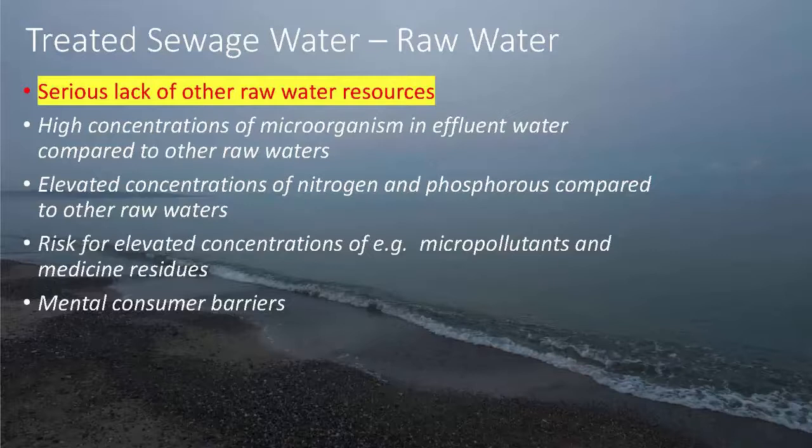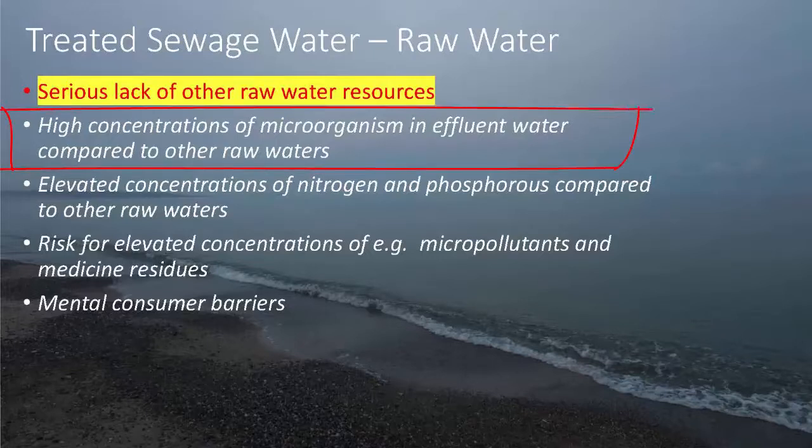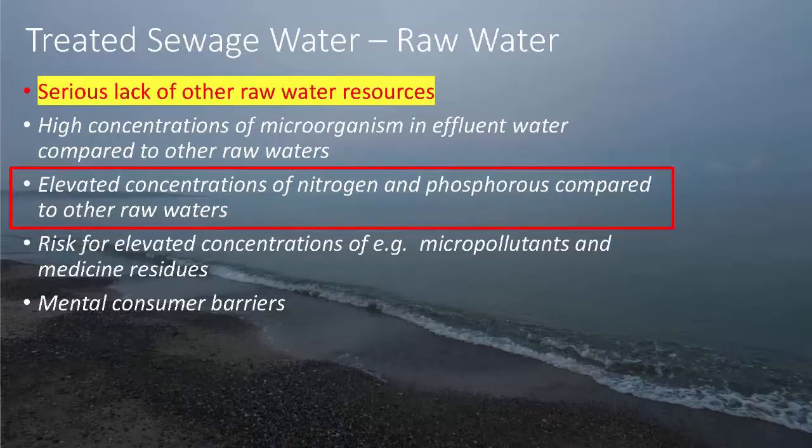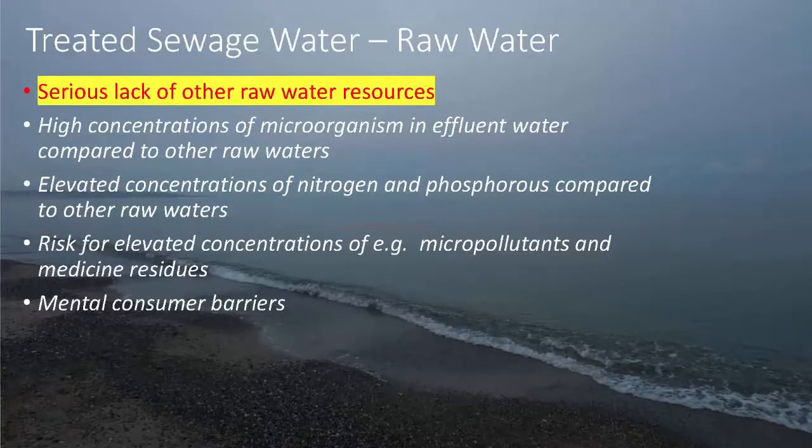Also, when you go into the source itself, you will find high concentration of microorganisms in the effluent water from the treatment plant. You will have elevated concentration of nitrogen and phosphorus compared to other raw waters. And of course, nitrogen, phosphorus, you don't want to have in your finalized drinking water. You will have a risk for elevated concentration of micropollutants, medicine residues, and so forth, microplastics even.